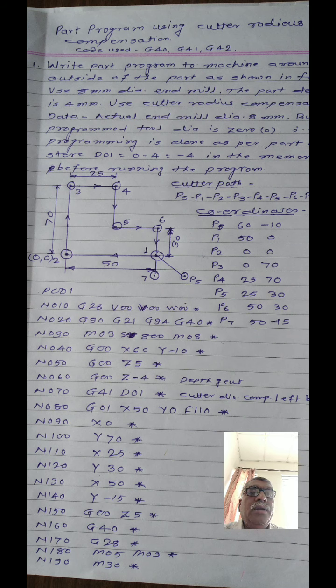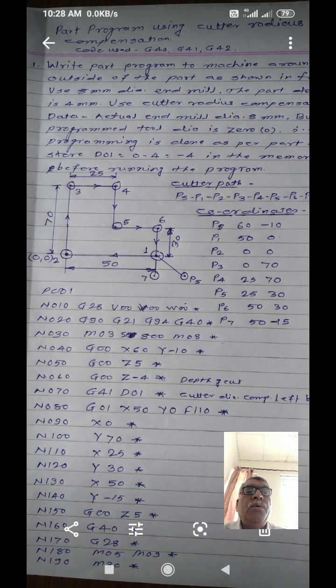And here you have to store the offsetting value, which is known as the offset value, that is D01 equal to 0 minus 4 equal to minus 4. D01 is the offset value which is stored in the control system before running the program. Then this offset value you have to call in the part program.